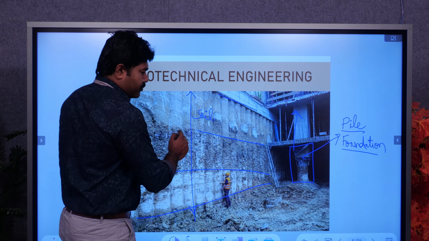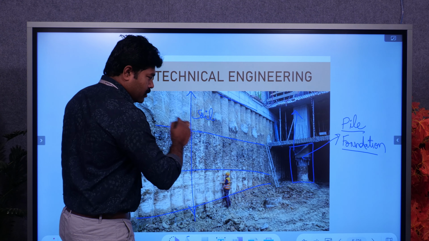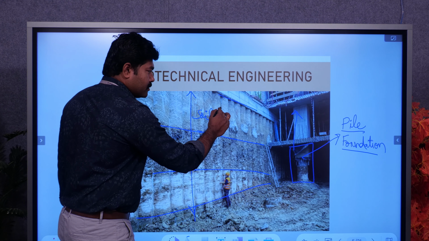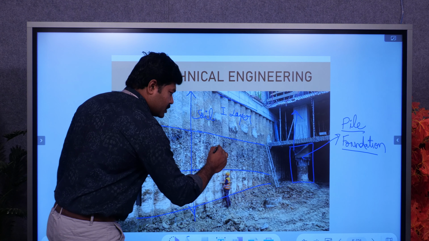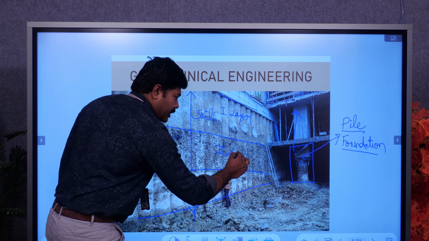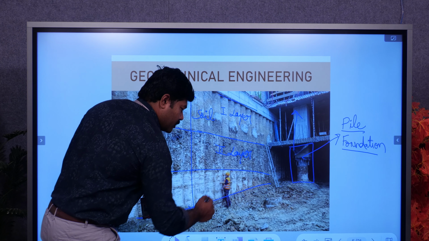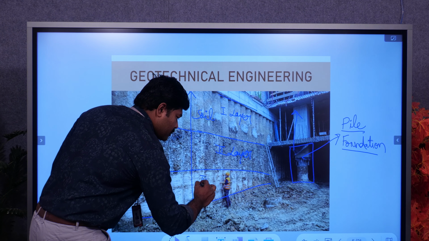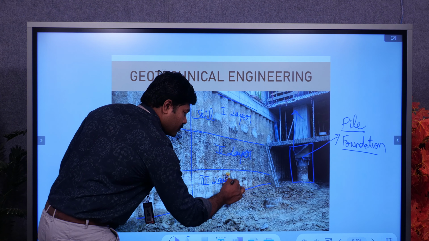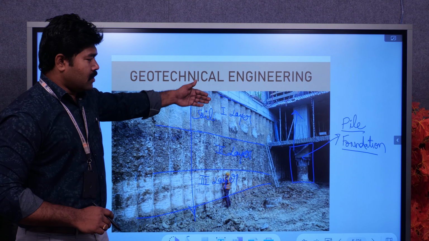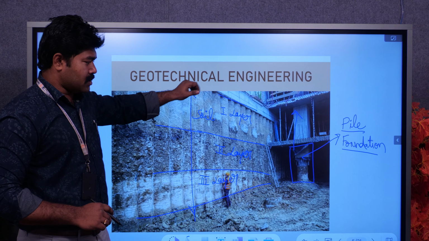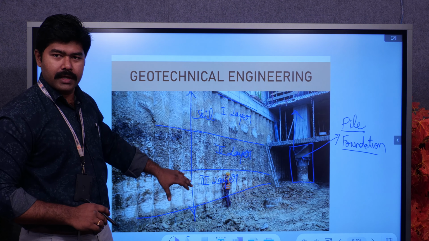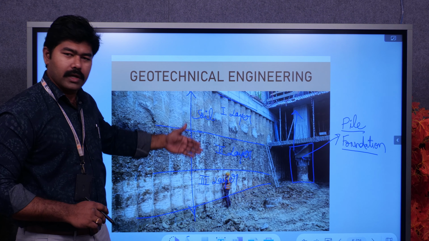Now if you look clearly, this is the first layer, this is the second layer, and the third layer. The soil stratum is not a single layer, it consists of a number of layers. In this location we have only 3 layers.